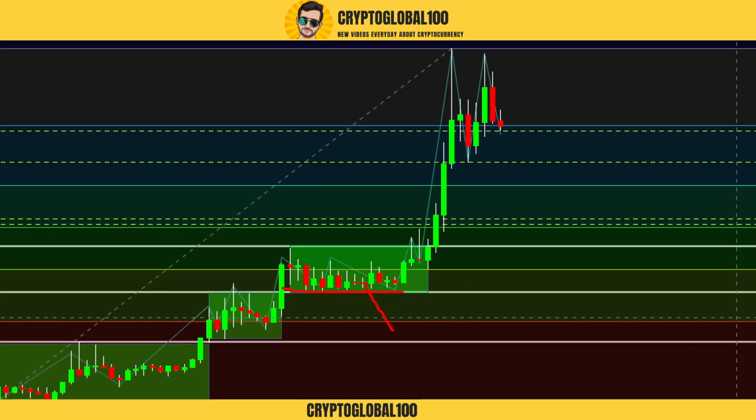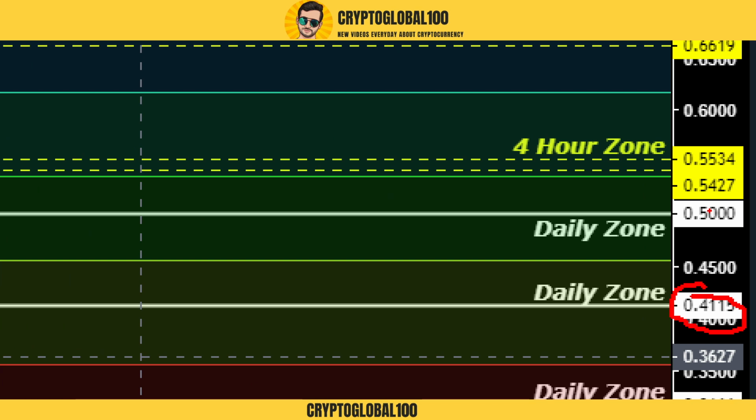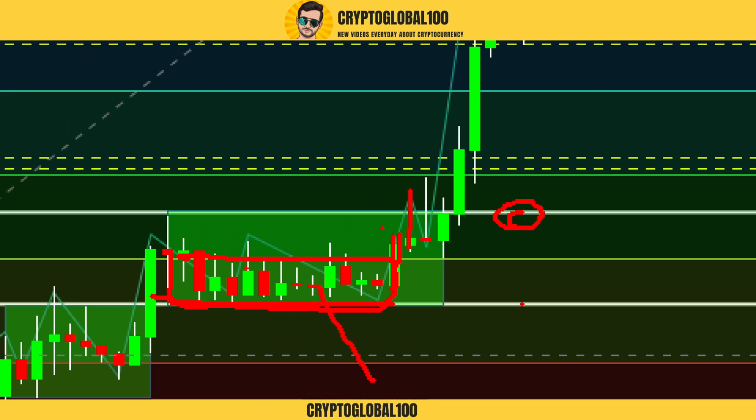Now after 14 candles that remained in this zone with good volume, it broke out. Once it broke out, the price at this candle tested this white level, which was 0.51. So it wicked above this level.